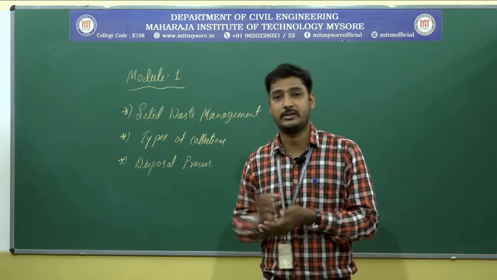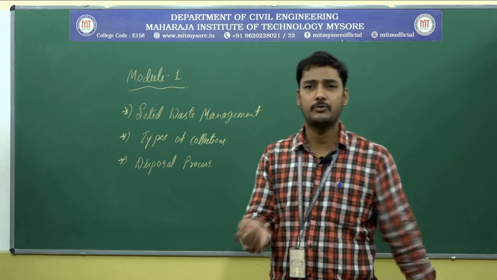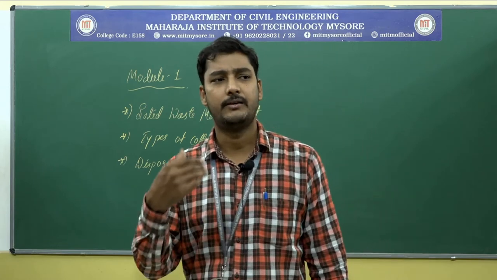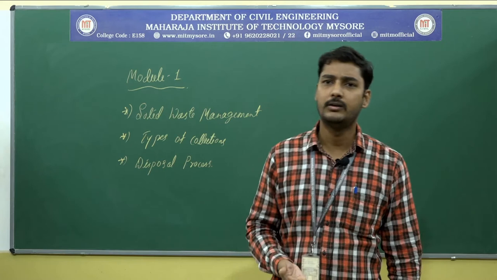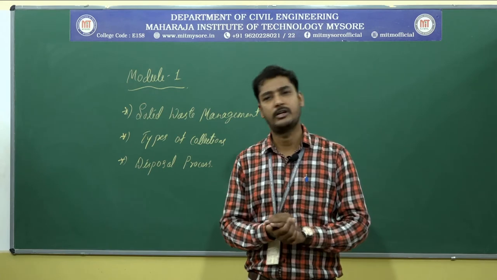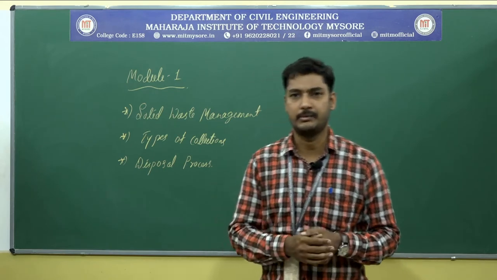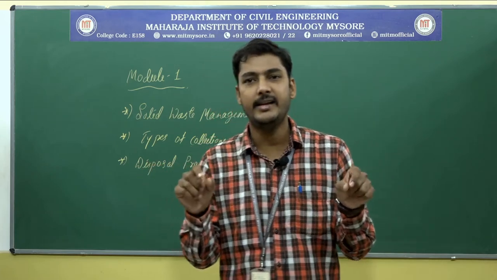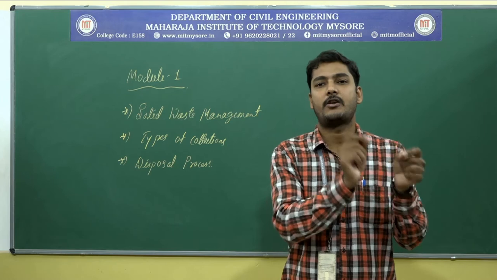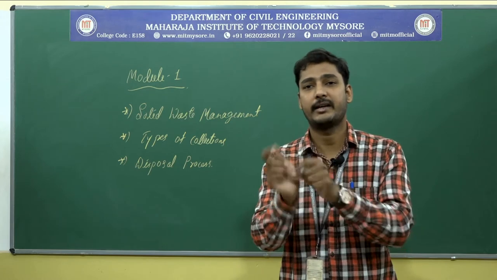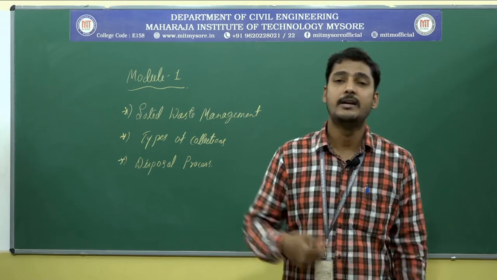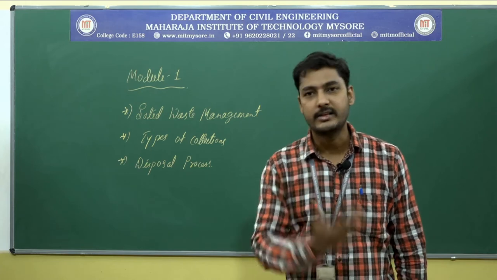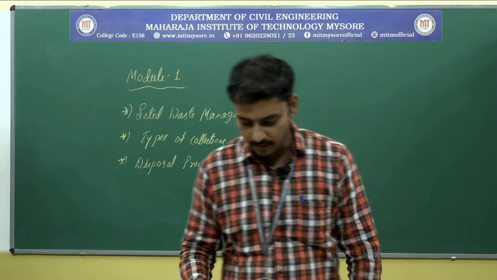We need to dispose of it. In the majority of cases we use some solid wastes as manure for agricultural purposes and so on. We need to concentrate on these three parameters in detail, then only can we say that the solid waste management technique is good, or that we have adopted some solid waste management techniques in our surroundings. So, that is the solid waste management process.